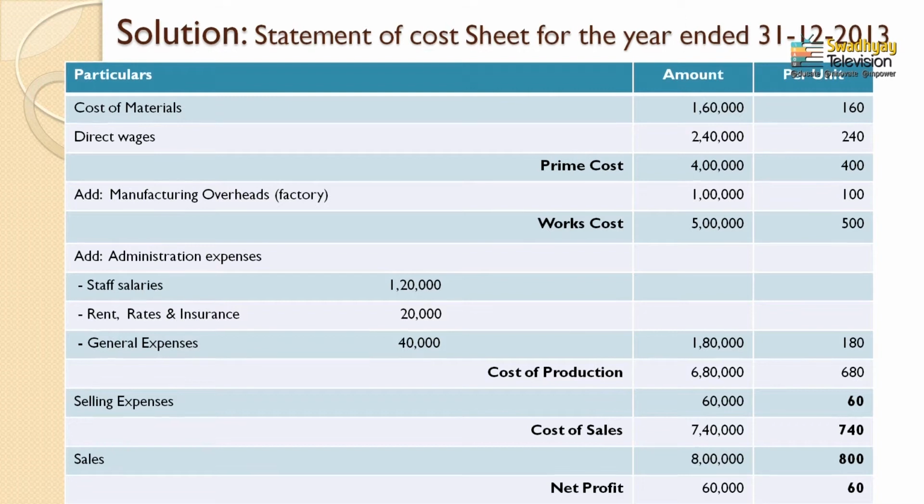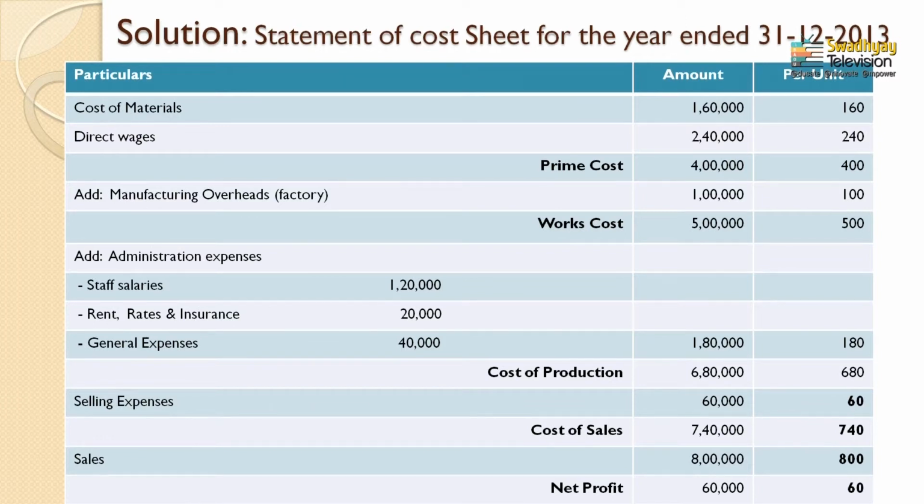Again, it will be divided by the number of units manufactured in the year 2013, which is 1000. So, 1 lakh divided by 1000 units comes to 100 rupees per unit. So, 1 lakh rupees in the amount column and 100 rupees per unit will be added to the prime cost. It comes to 5 lakh rupees as the total amount, and 500 rupees per unit cost. It comes to the work cost. Now, you can say it is a factory cost as well as a work cost.